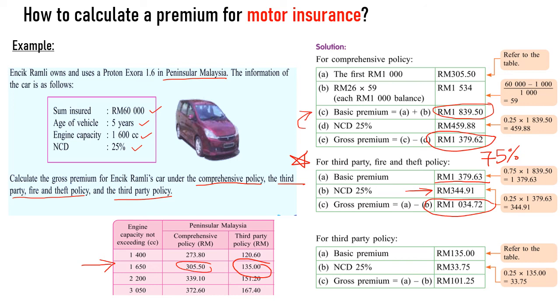And the gross premium that he needs to pay if he only purchases the third-party policy is 101 ringgit and 35 cent. So the third-party policy is way lower compared to the previous two policies mentioned above, because the coverage of the third-party policy is very limited. If you want to know more about this, you can refer to the previous video.